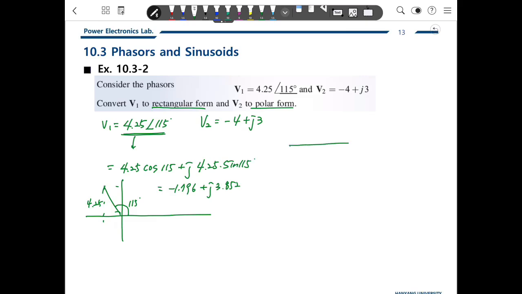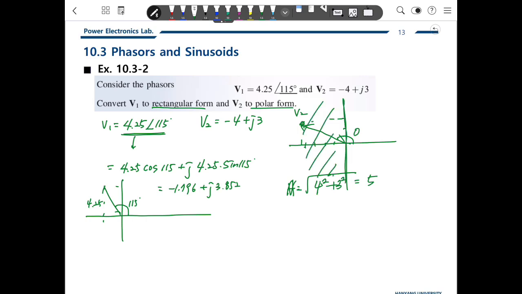In the same way, V2 is minus 4 plus j3. The magnitude A is the root of 4 squared plus 3 squared, which is 5. The problem is the angle, because it lies in this plane.